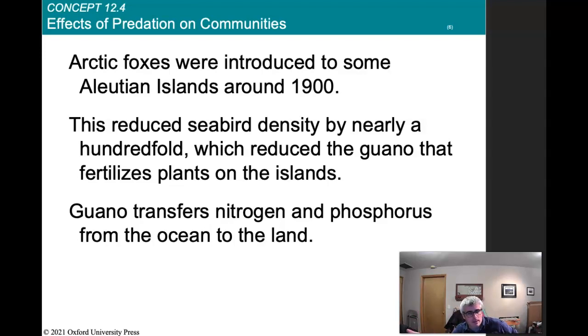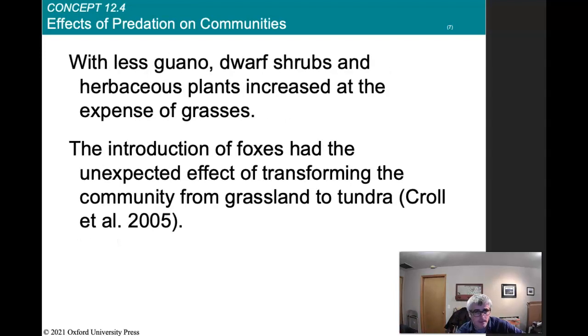Well, guano is also very important, particularly for small islands where it could be the major source of nitrogen and, more importantly, phosphorus, which is frequently the limiting factor for a lot of plant growth. And now the foxes have eaten all the seabirds, so there's no more seabird poop around. So what does that do to the plants? Here it says, with less guano, dwarf shrubs and herbaceous plants increased at the expense of grasses.